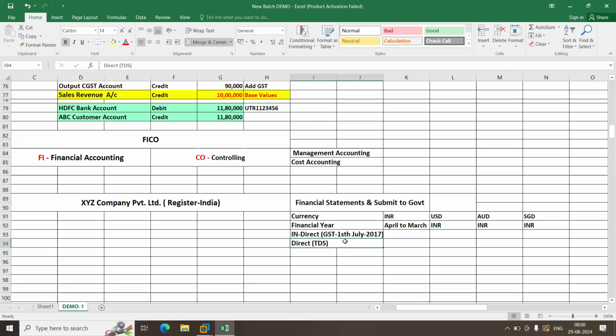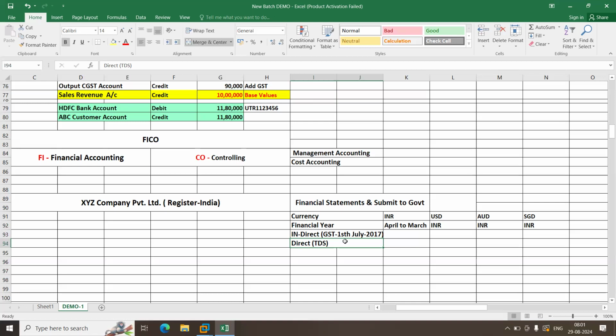If it is employee-related TDS, HR people will take care, so it does not come under finance. Whether employees come under the TDS slab or not, and what rates are applicable, again 3 to 7 one rate, 7 to 10 one rate, like that. Different employee slabs have different TDS rates. All of these are taken care of by the HR team.